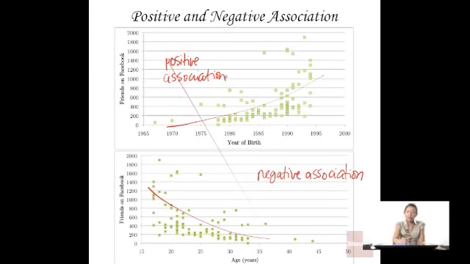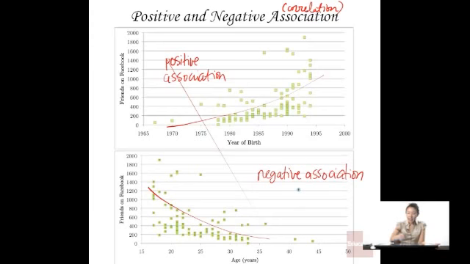So just having a positive association doesn't mean there's a causal association, and that's where you get that famous saying, correlation does not equal causation, because another word for this association is also correlation. So just because you have this nice association, either positive or negative, it doesn't mean that they cause one another.